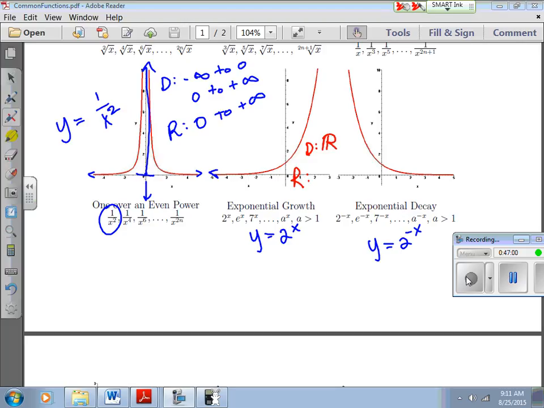But remember, it's just getting closer and closer. It looks like it will touch it, but it's never going to touch it. So the range is from all the numbers that are above 0 on the y-axis to what? Positive infinity, because there is no end to how high it's going to go. So from 0 to positive infinity.